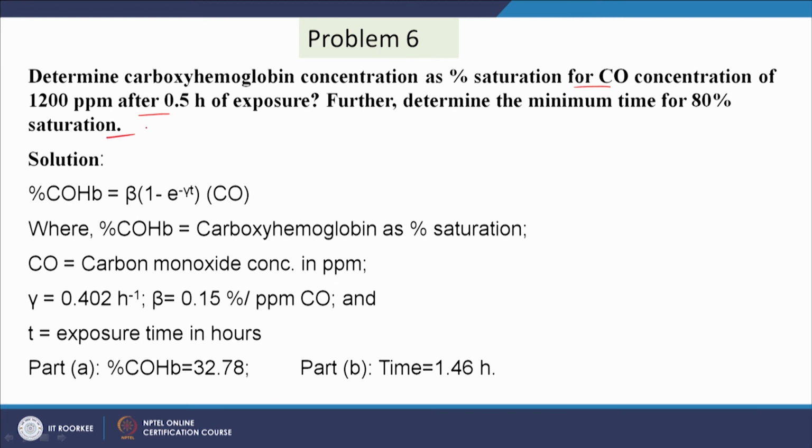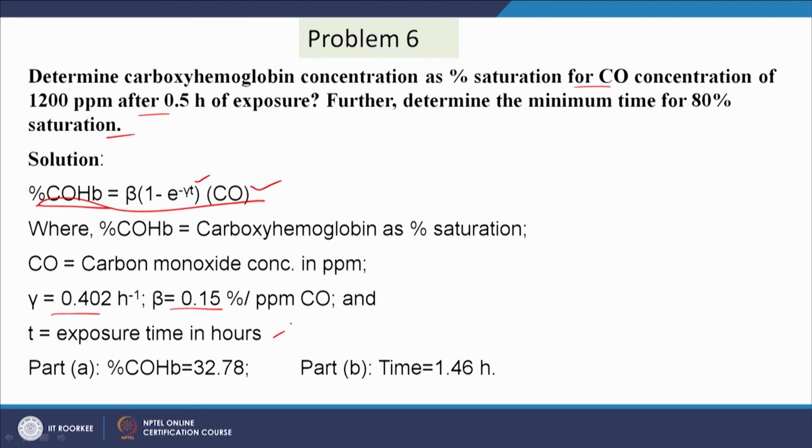We know an empirical relationship to find the concentration of carboxyhemoglobin in the blood: percentage equals beta into 1 minus e to the power minus gamma t, into CO, where CO is the concentration of carbon monoxide in the air, beta is 0.15% per ppm CO, a constant, and gamma is also a constant, 0.402 per hour, and t is the exposure time in hours.